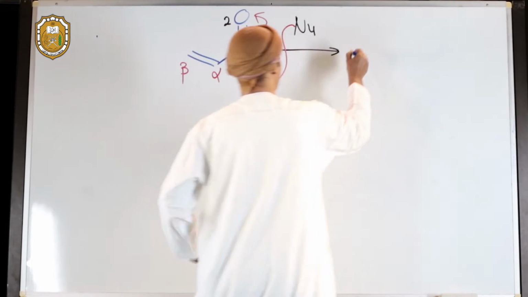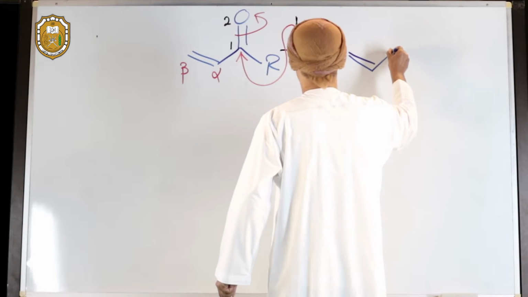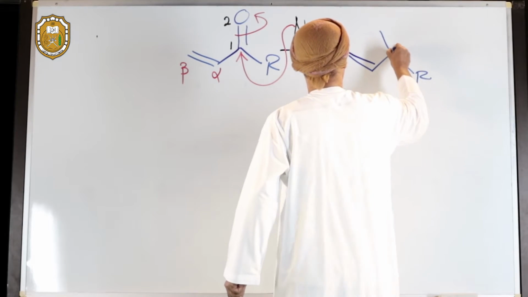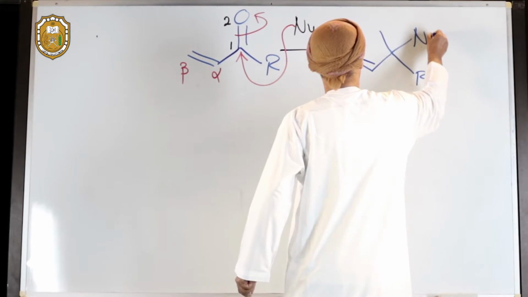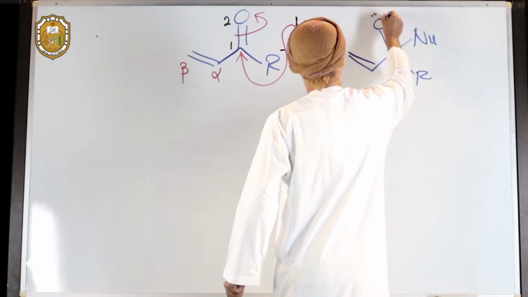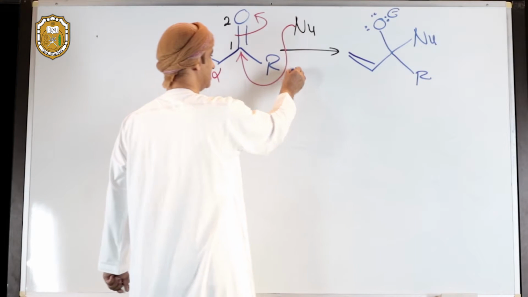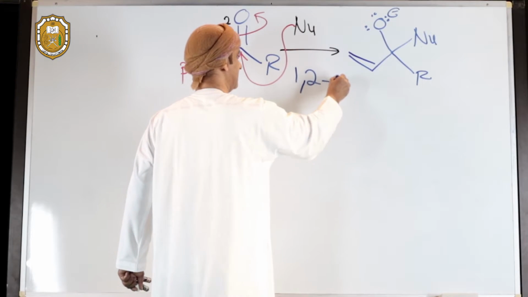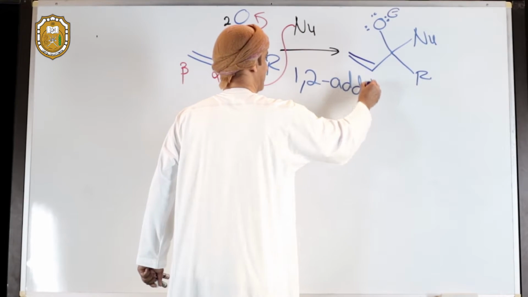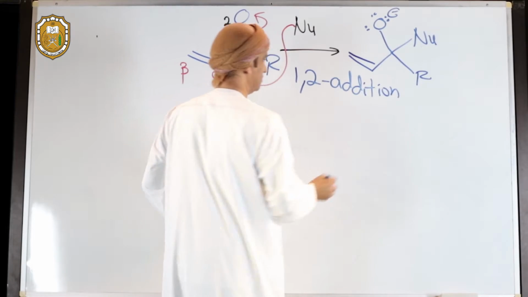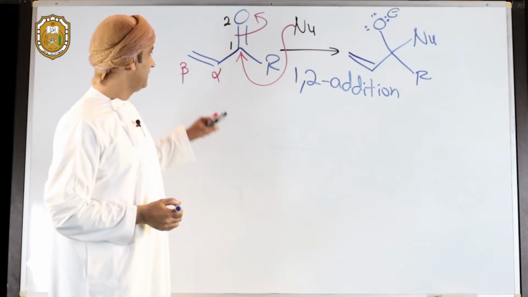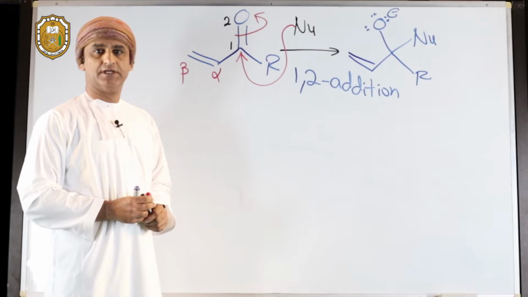So this is the 1,2 addition product. So this nucleophilic addition is described as 1,2 addition if the nucleophile attacks the carbon of the carbonyl group.